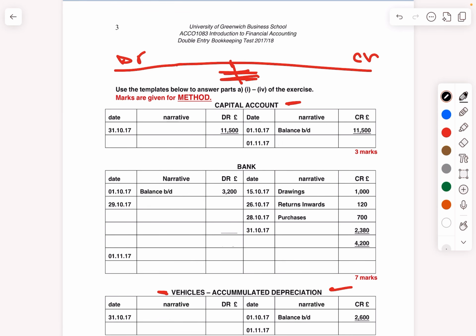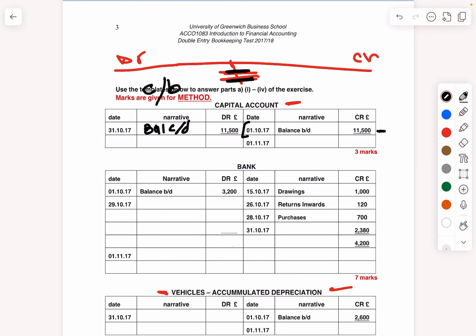So by the first of the month we open with 11,500, so balance carried down goes to the other side of the transaction to make it equal, and carried down means the closing balance for this month.